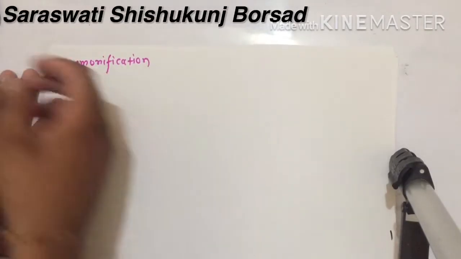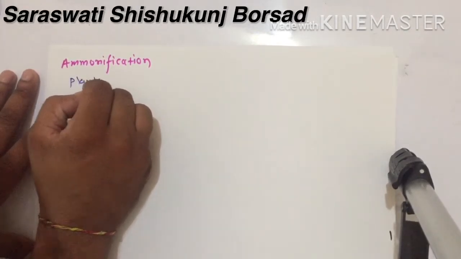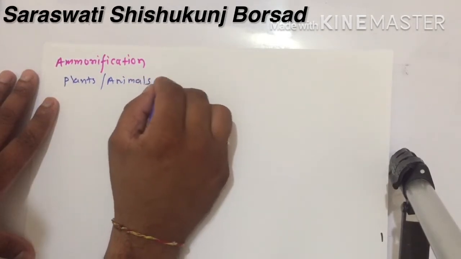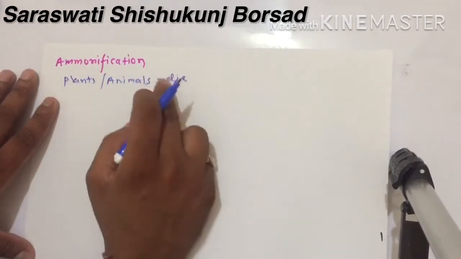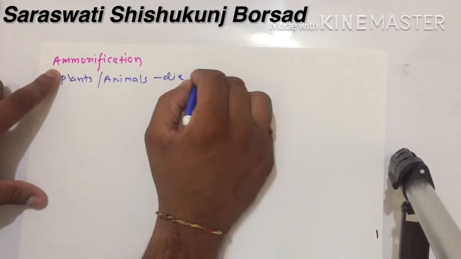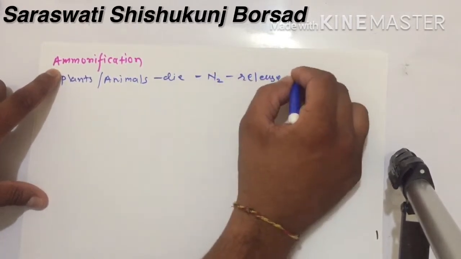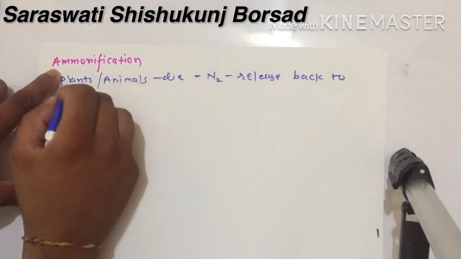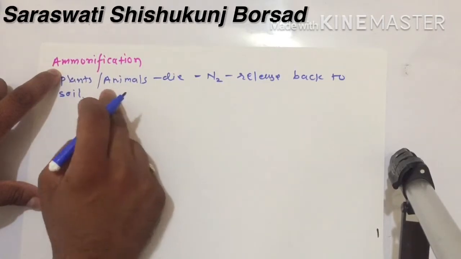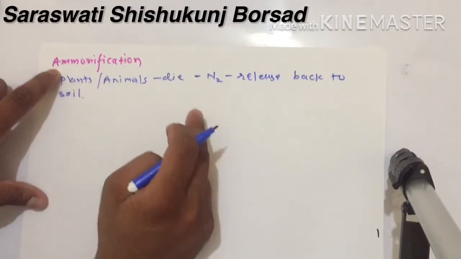When plants or animals die, the nitrogen present in this organic material will release back into soil. The decomposers like bacteria and fungi which are present in this soil will convert this matter back into ammonium.